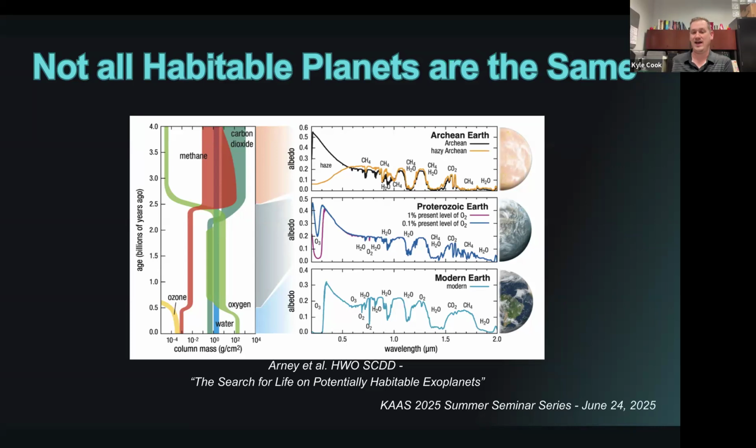So you have in this figure here the brightness of the planet Earth across different time frames. So here's a very young Earth, long ago, when life is beginning to arise. And you can see that what this looks like is very different than today.